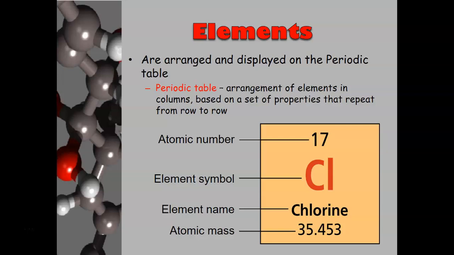So when you look at a periodic table and look at any particular individual block, you should see at least this sort of basic information. So you've got your atomic number, your element symbol, your element name, and atomic mass. Now, depending on the periodic table that you have, you may have more information than this.